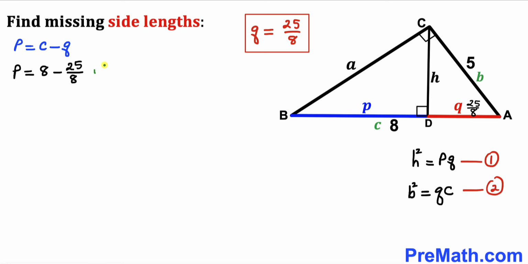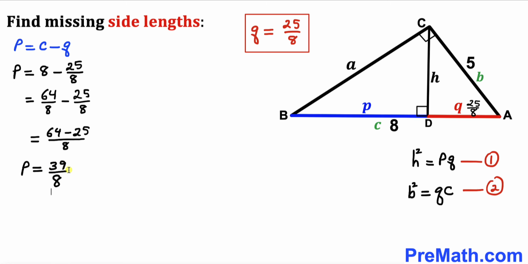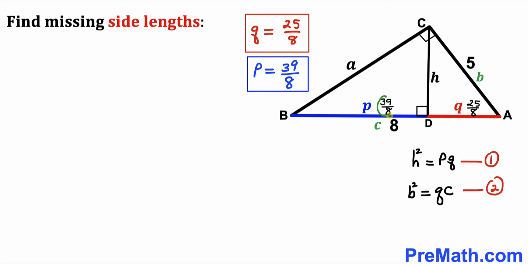As you can see in this next step, I have replaced c by 8 and q by its value 25 divided by 8. And if we simplify everything, our p value is going to be equal to 39 divided by 8.